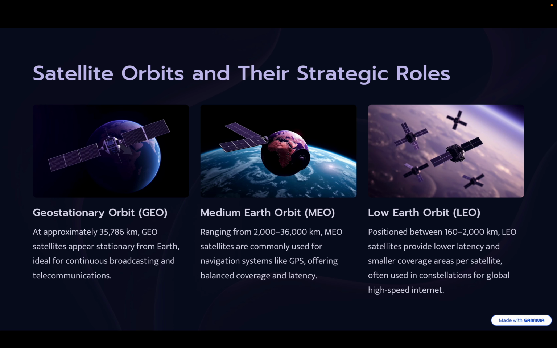And if it is a medium earth orbit, it is from 2000 to 36,000 kilometers. And if it is a geostationary orbit, the satellite will be launched at the geostationary orbit.